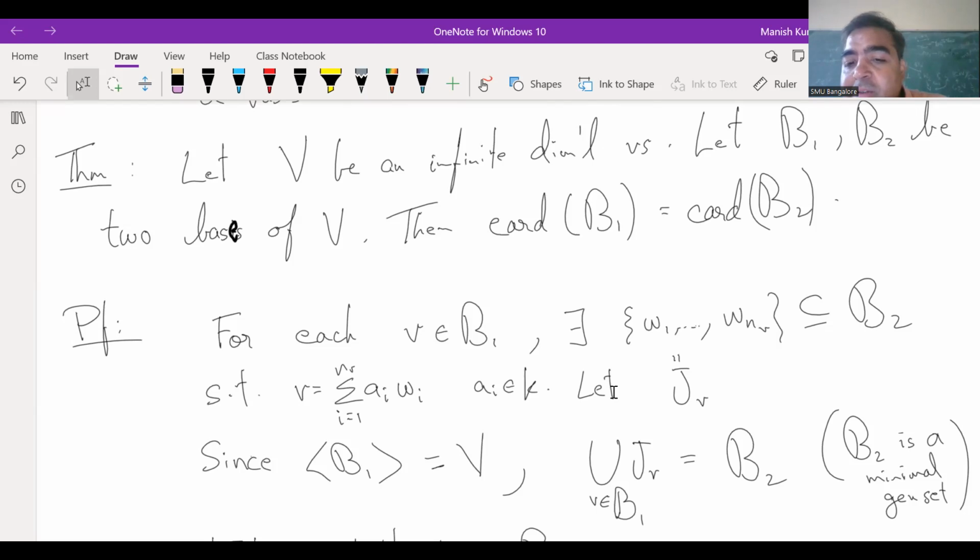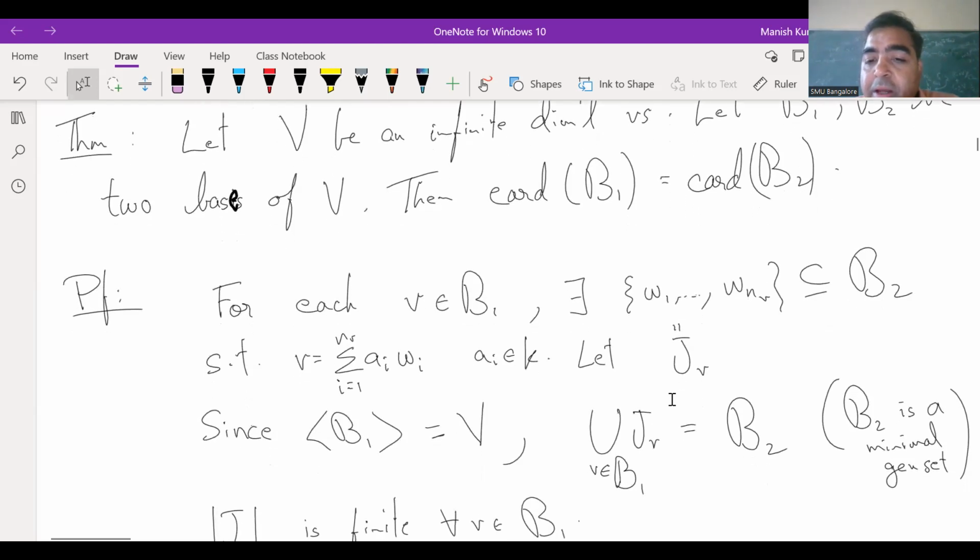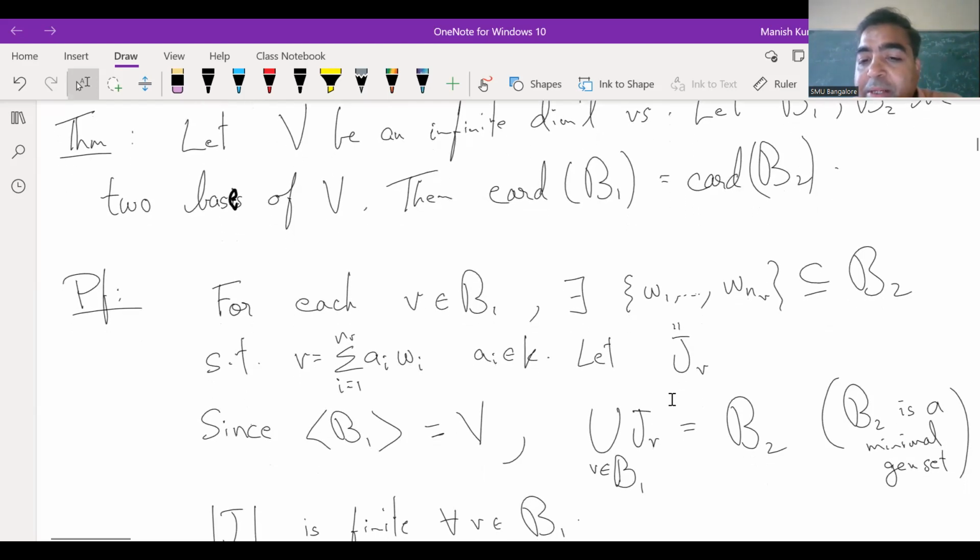So this union has to be the whole of B2. It can't be any smaller. So what we have done is written B2 as a union of finite sets indexed over B1.